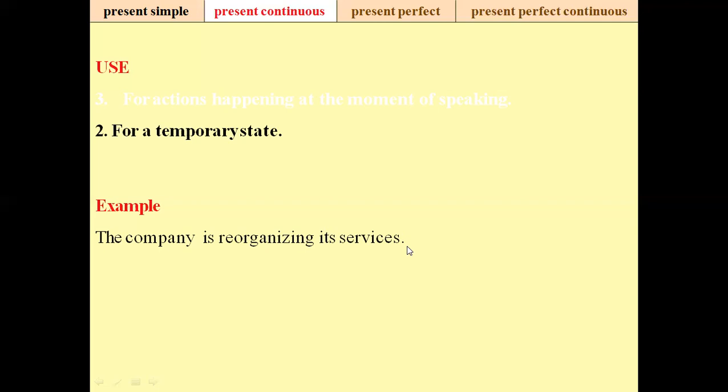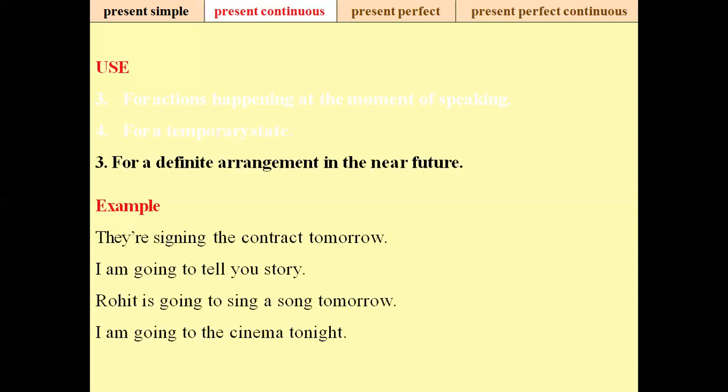What they want to say is that the company is reorganizing its services, but it is a temporary situation, not permanent. In future the company will not reorganize, or it can become normal. But at present the company is reorganizing its services, so we can use the present continuous tense.